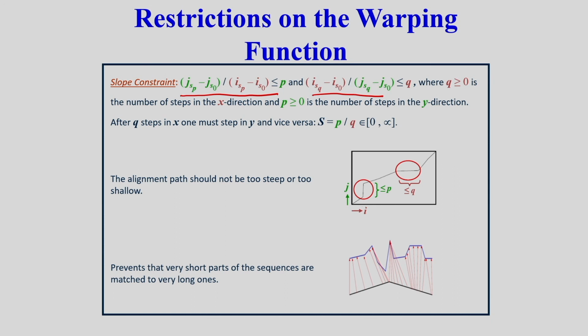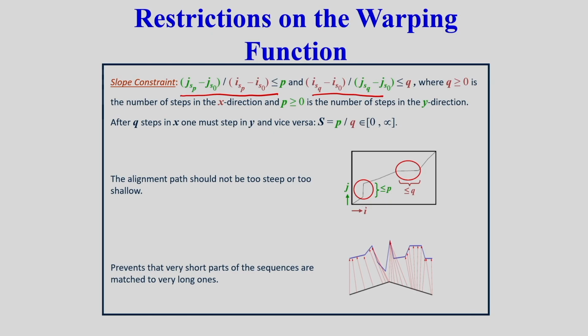I am considering both directions, one is the x direction, another one is the y direction. So the condition is that the alignment path should not be too steep or too shallow. So what is the importance of this constraint?